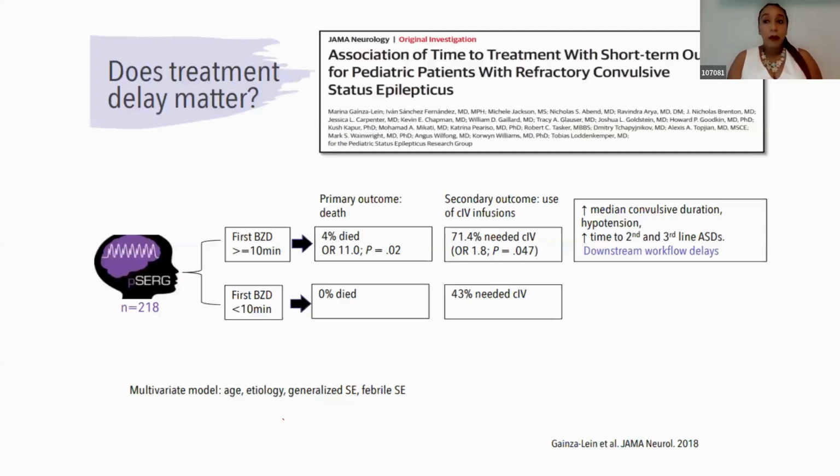If you actually also treat within the 10 minutes, then the risk of death in these patients was 0%. And then the need for continuous IV infusion was 43%. But if you let it go past that 10 minutes, there was a 4% risk of death, and then 71.4% for need for continuous IV infusion. This is all to just say, hey, we need to treat, we need to treat.